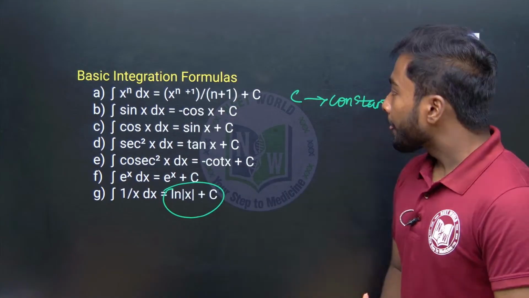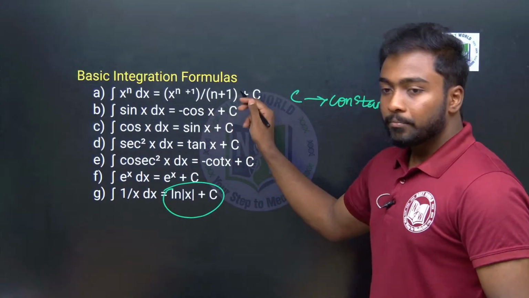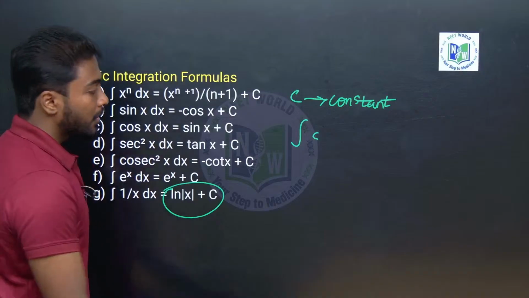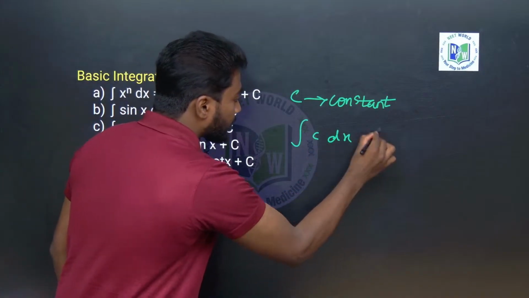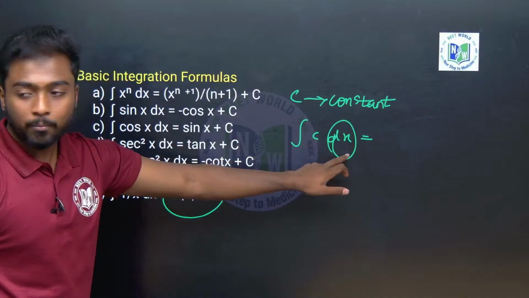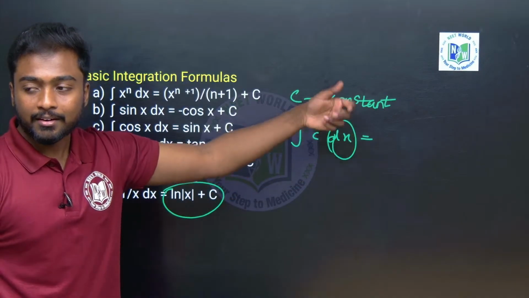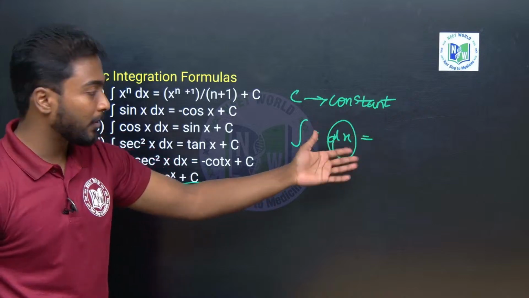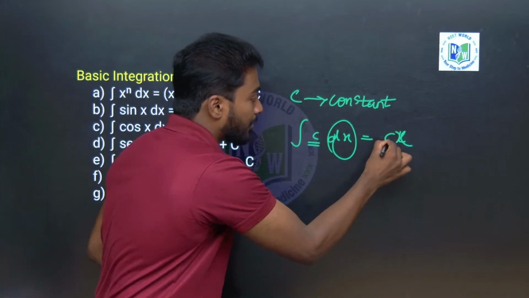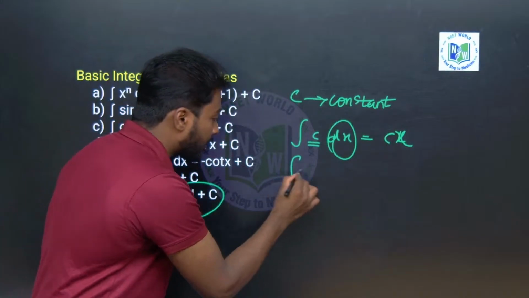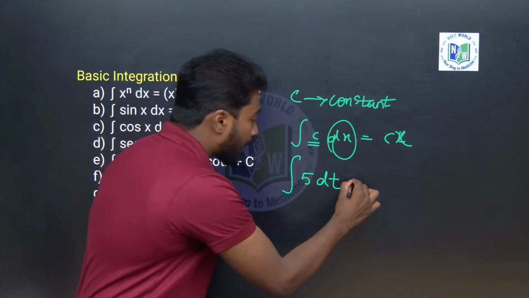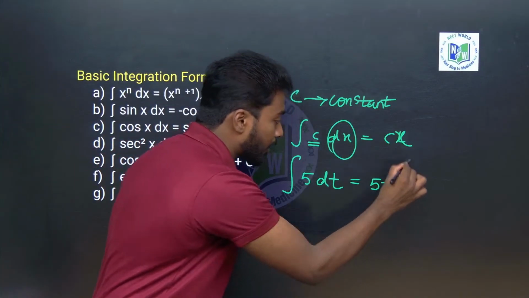And one more thing, if a constant is there, the integral of some constant into dx, with respect to whatever variable I am doing, it can be dx, dy, dt, whatever it may be, with that constant I will add the variable. Suppose the integral of 5 dt is there, I will get 5t.